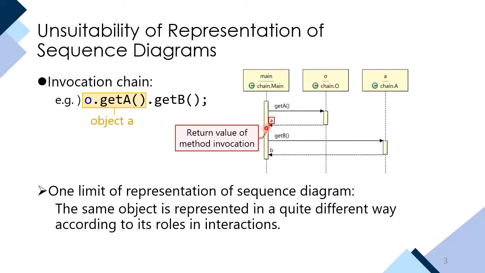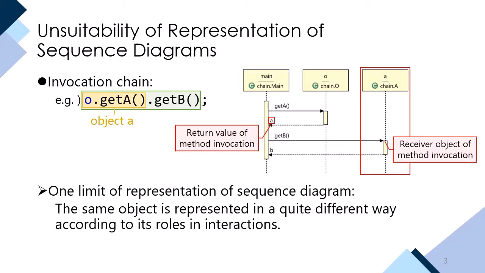Next, since the object receives the message getB, it is represented as a lifeline like this. This time, this object serves as the receiver of the invocation. In this way, the way of representation of the same object can change significantly with the change of its role in interactions. We think that this is a limitation of the representation of sequence diagram.